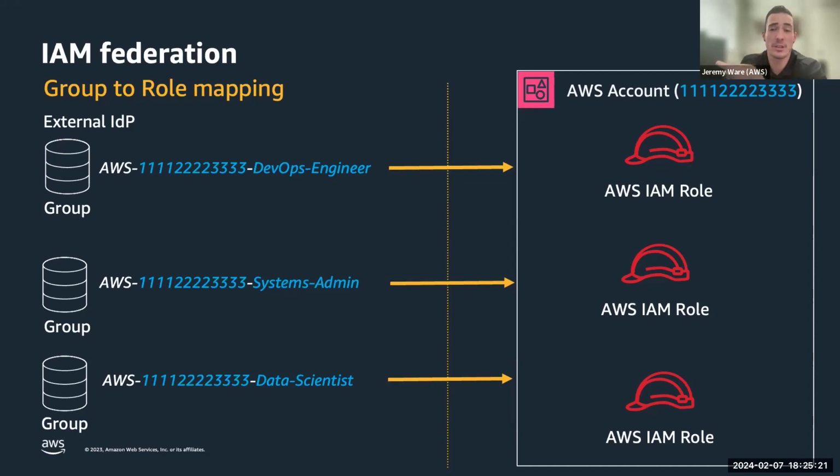What this has caused as a pain point for a lot of customers is that as we've moved to a multi-account strategy and we start looking at orgs that now have dozens of accounts, hundreds of accounts, I've worked with a couple of customers who are now in the thousands of accounts.